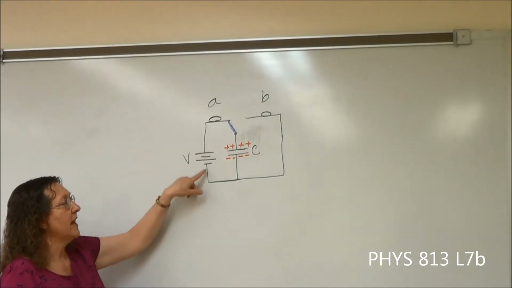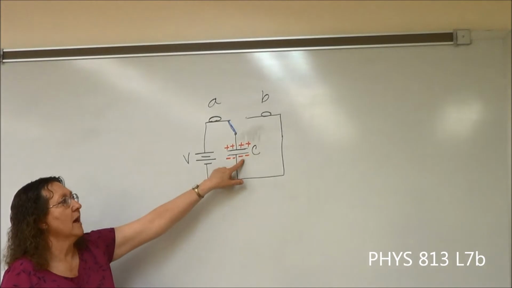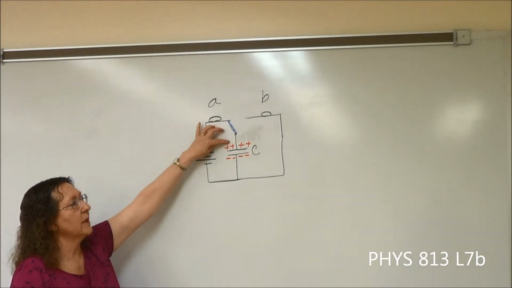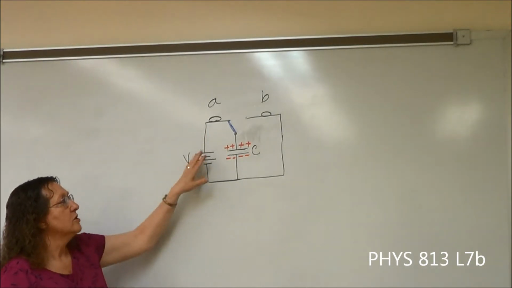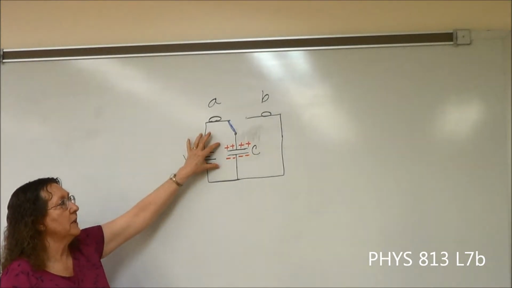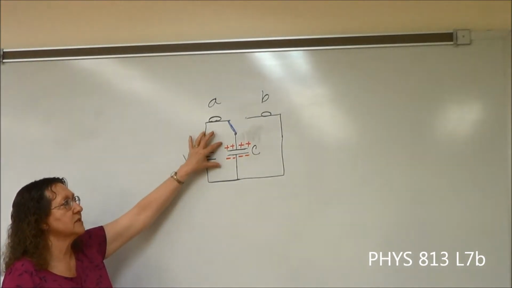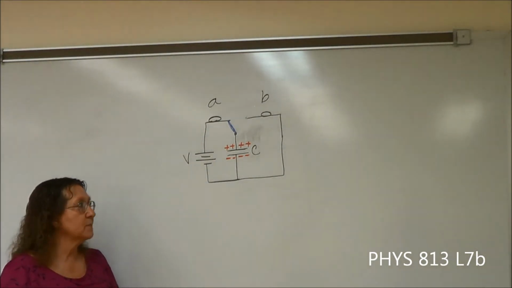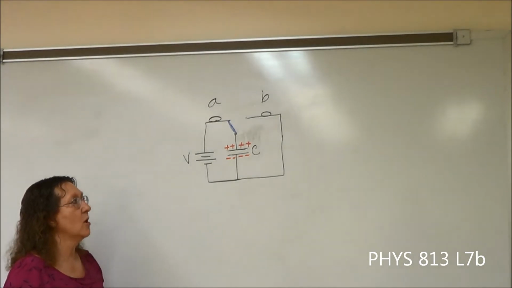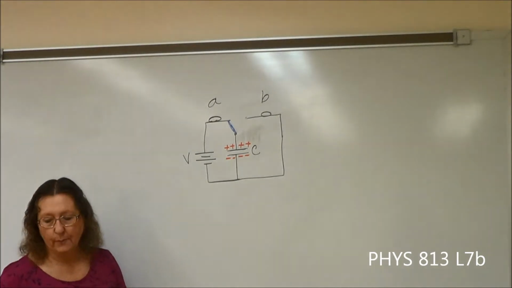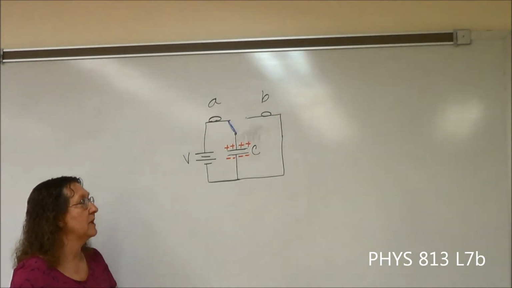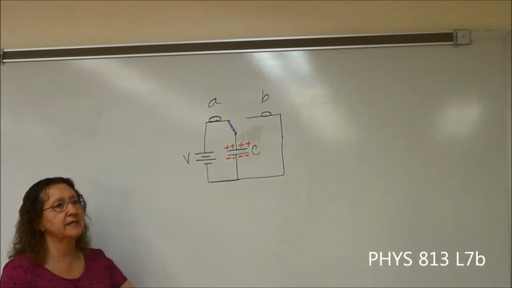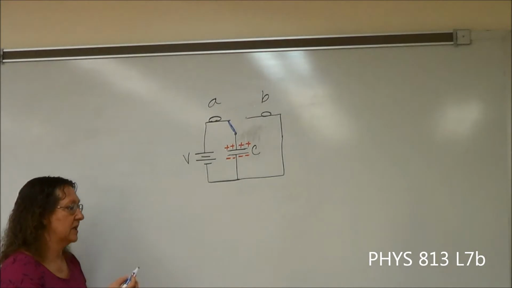So you get electrons building up on this plate, and as a result the other plate is positive. This will happen until there is a certain amount of charge on the capacitor. At this point you don't really have to know what the equation is, but I'm going to go ahead and write it because just a little bit farther in the lesson it will talk about this.